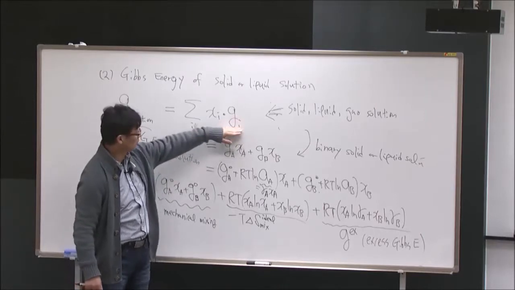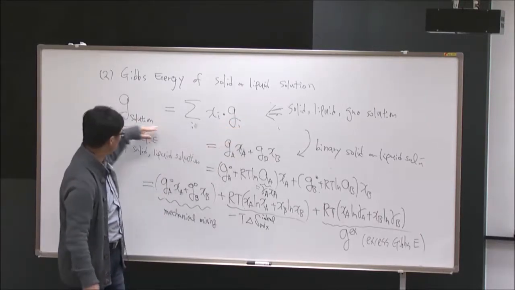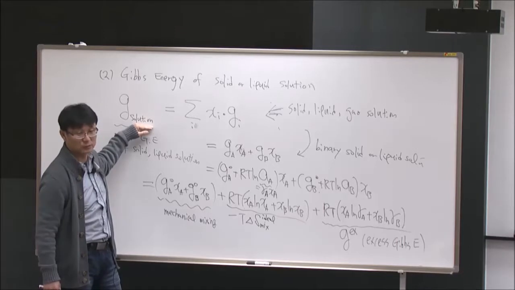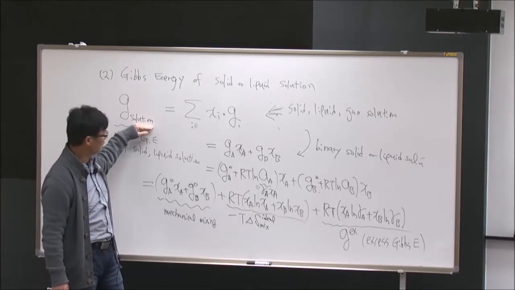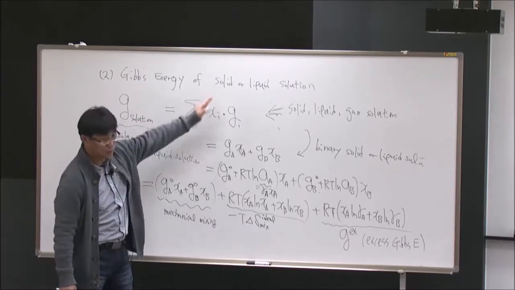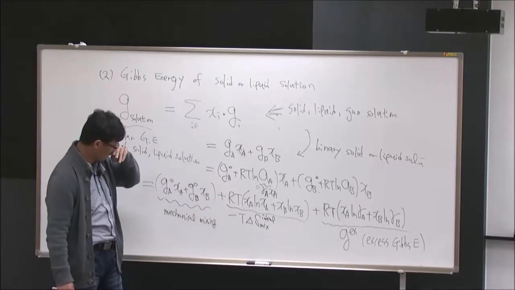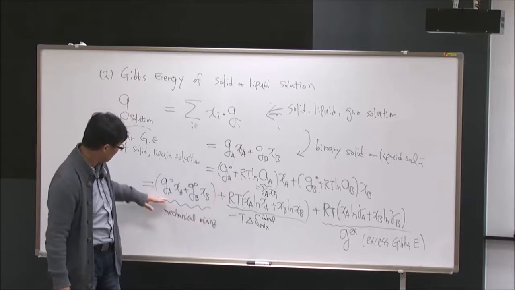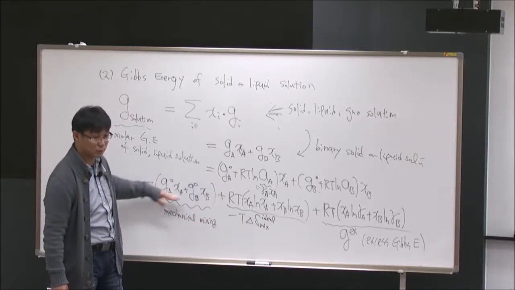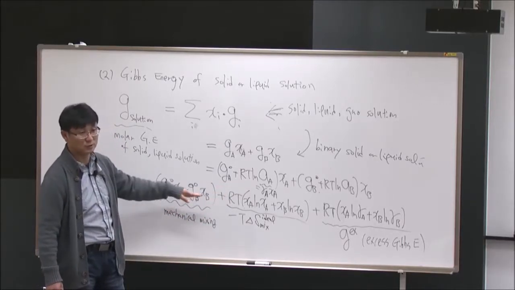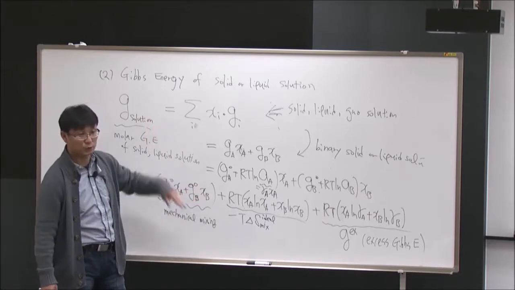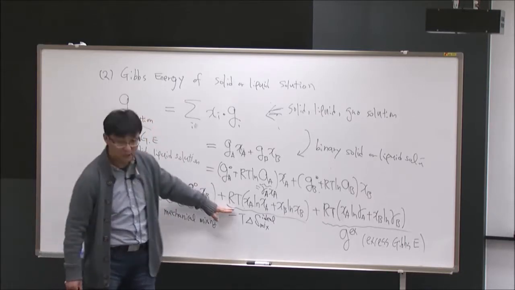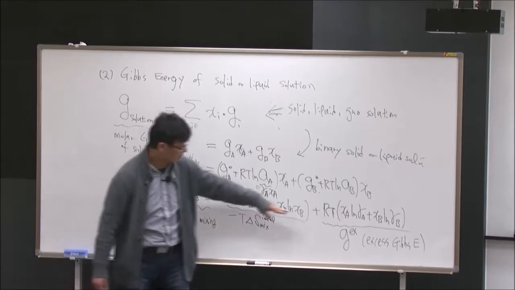And once you know the partial Gibbs energy, then we can calculate at any time the total Gibbs energy of the solution. When you derive all this equation, eventually you get three different terms inside. One is the mechanical mixing term, a linear change of Gibbs energy from pure A to pure B. Then the ideal entropy of mixing term, and then the excess term.